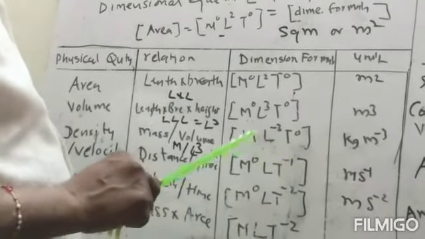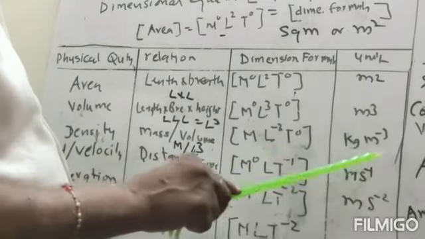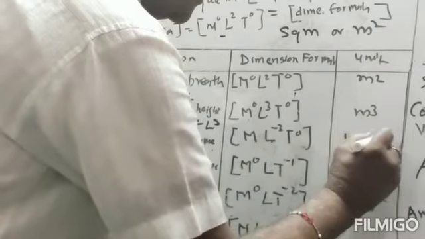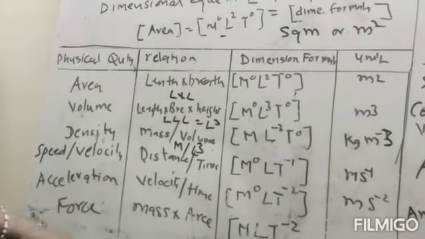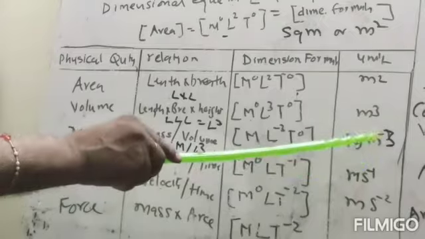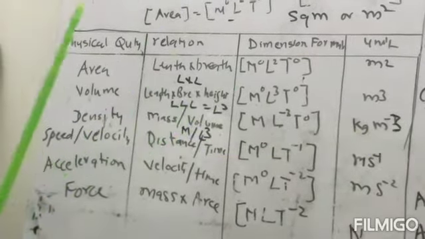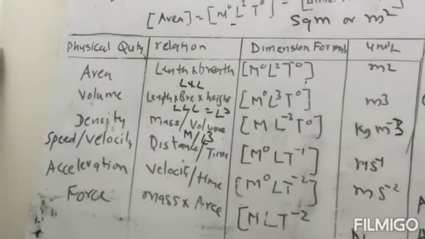So the unit will be kilogram for mass and meter cube for volume with the minus 3. So the unit of density will be kilogram into meter minus 3.